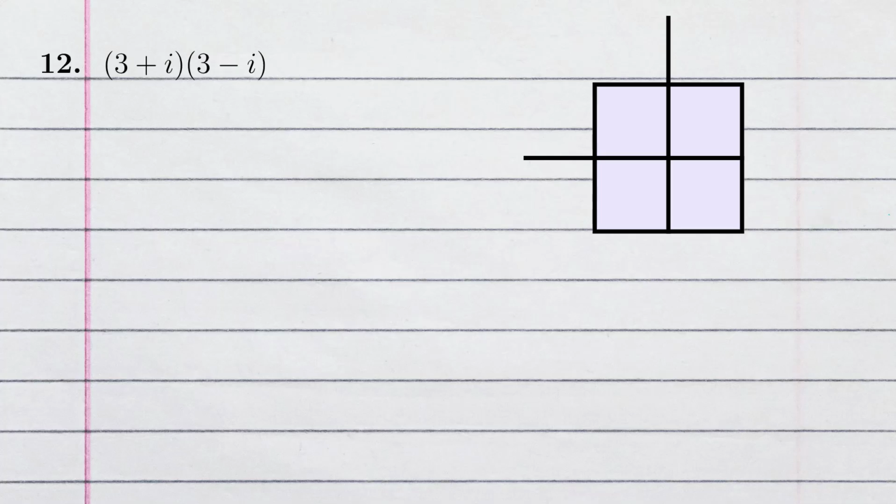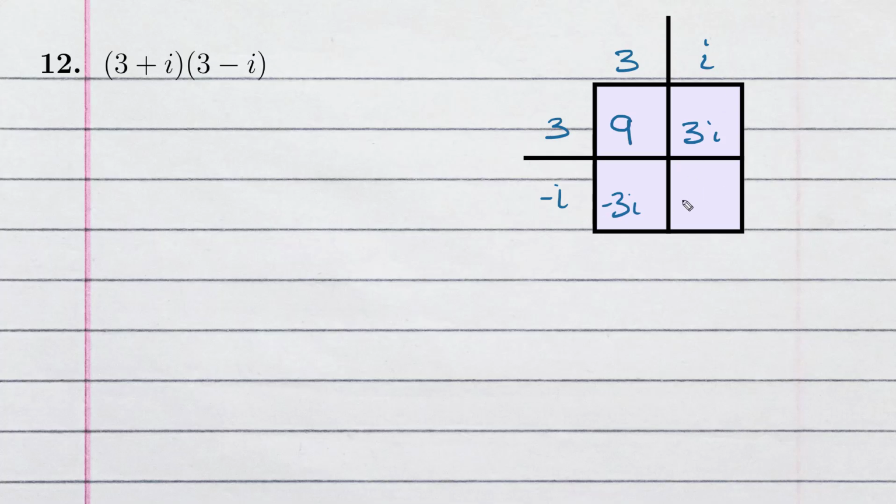Let's do another one. So again, 3 plus i, 3 minus i. We multiply, putting the factors on the outside and the product on the inside. Negative i times 3 is negative 3i.